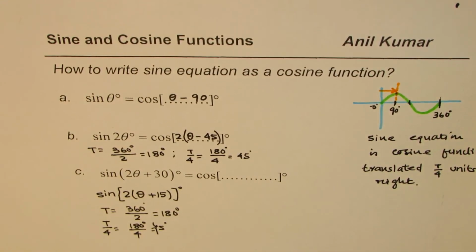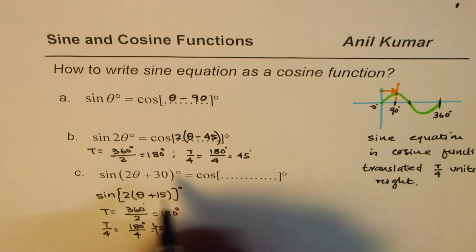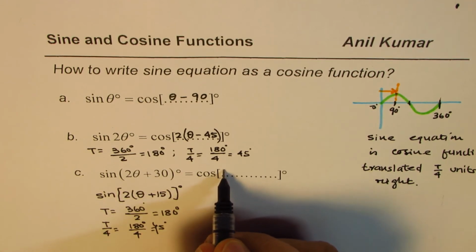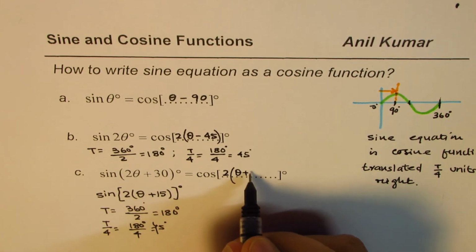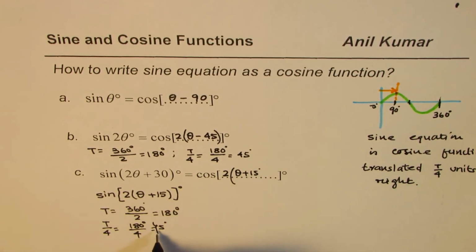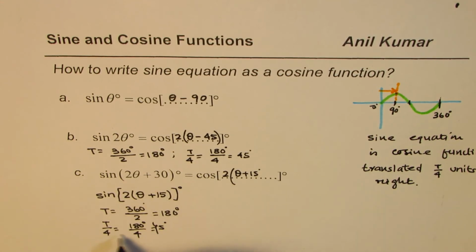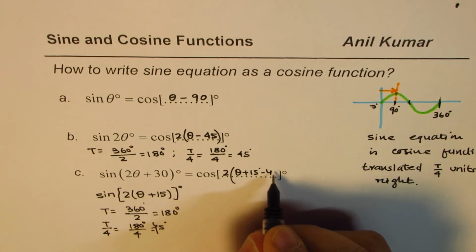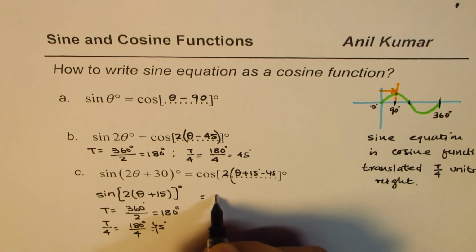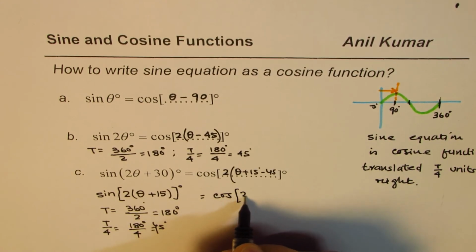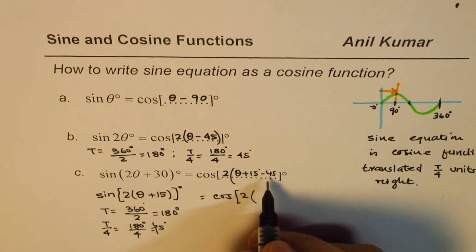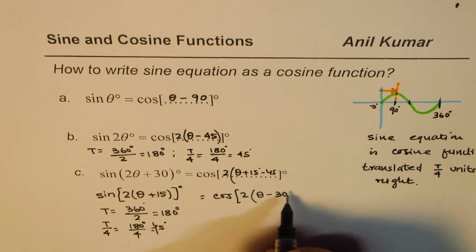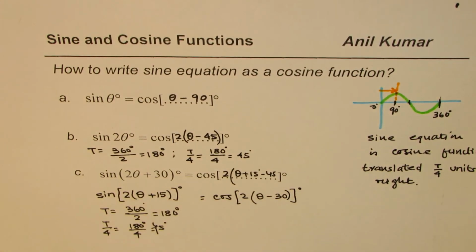So you could write this as cos of 2, which we take common, times theta plus 15 degrees, and then we have to take away the phase shift of a quarter cycle, which is minus 45. So this is cos of 2 times theta plus 15 minus 45, which gives you minus 30. So it is theta minus 30 degrees. That is how you could write the answer for part C.